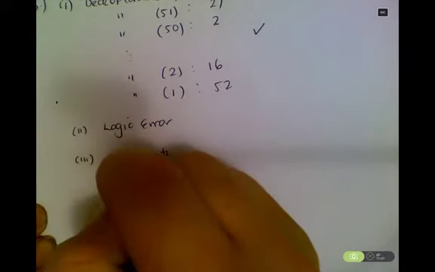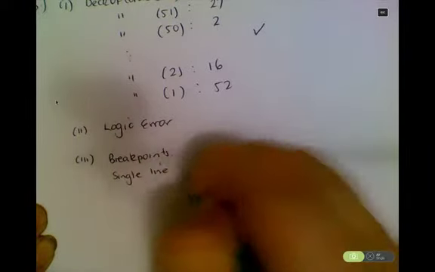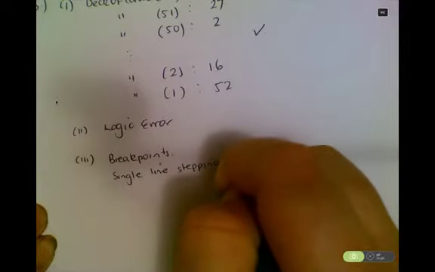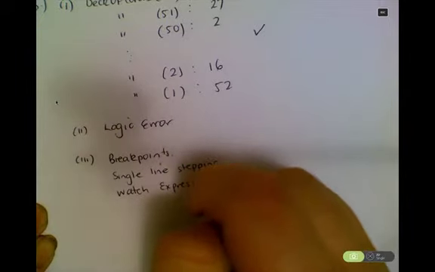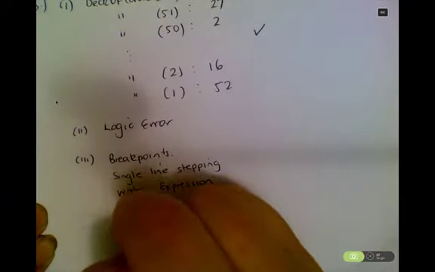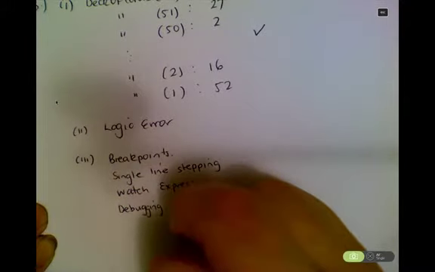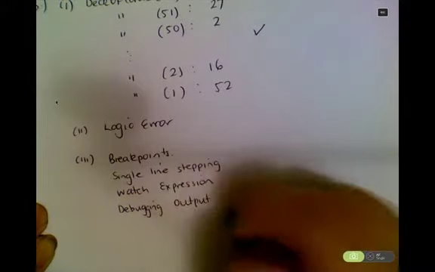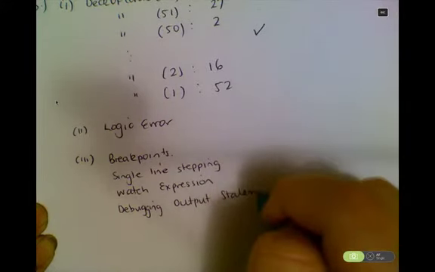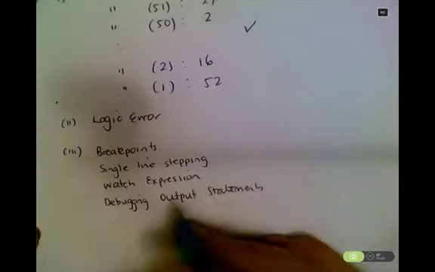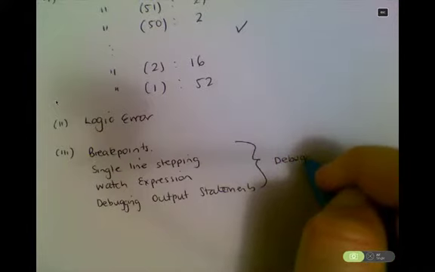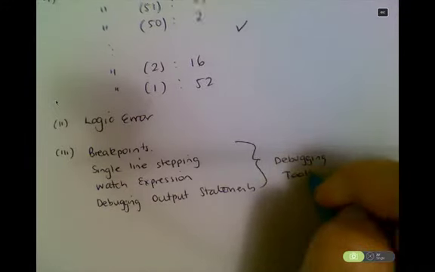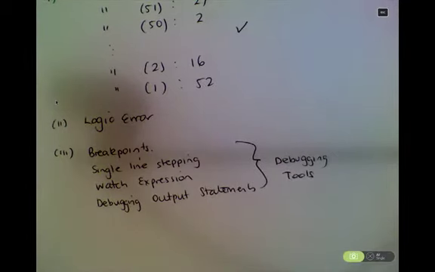So the 3 strategies that we look at would be breakpoints, you could have single line stepping, watch expressions, debugging output statements, etc. And what you're really looking at here are the program development or debugging tools that a software developer would use to isolate the occurrence of an error.